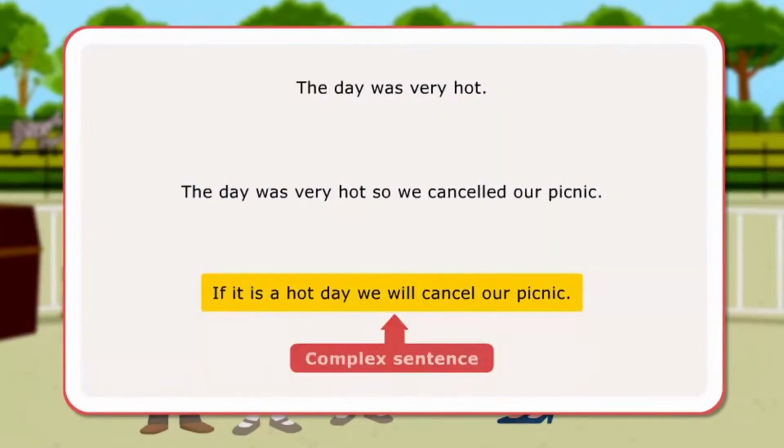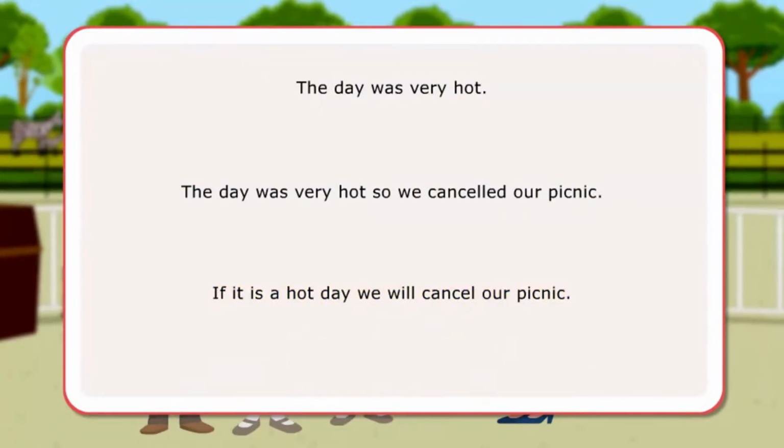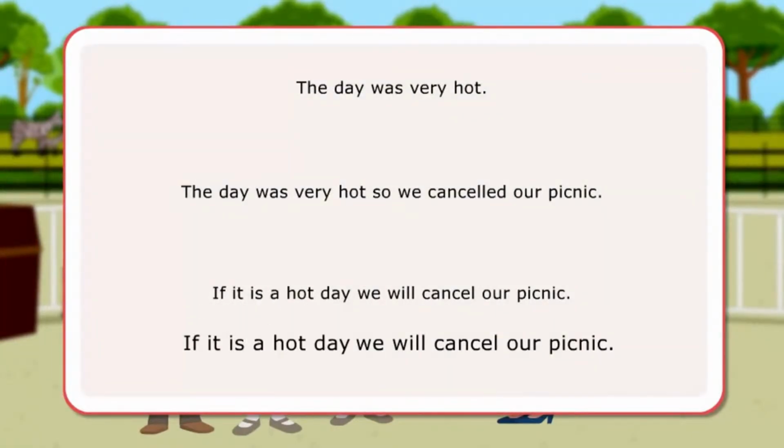If it is a hot day, we will cancel our picnic. Here, we will cancel our picnic presents a complete thought and can stand alone as a separate sentence. But the second thought, if it is a hot day, cannot stand separately as an independent sentence.